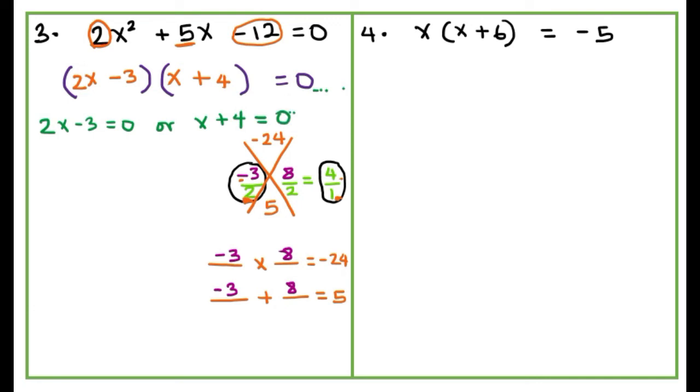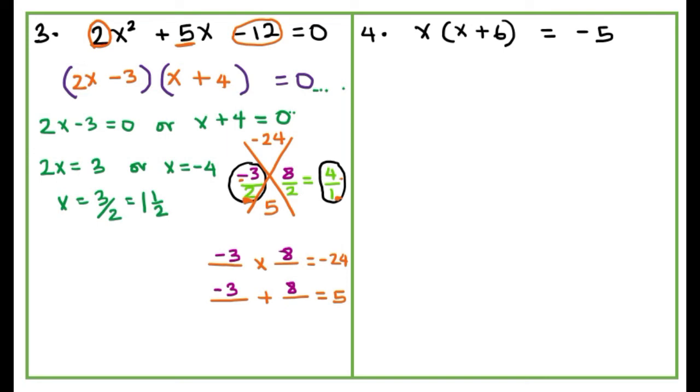So in that case, 2x equals 3, or x equals negative 4. And now if 2x equals 3, it means that x is 3 out of 2. But 3 out of 2 is the same as 1 and 1 out of 2.